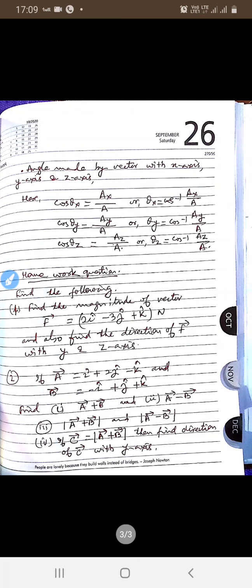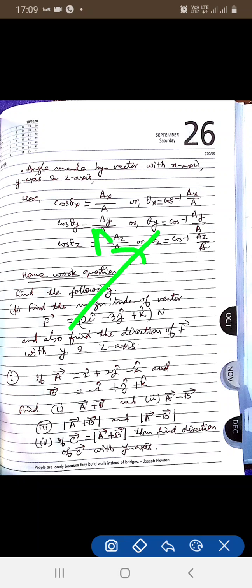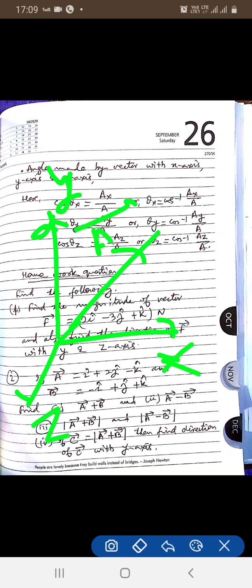Now, angle. Suppose vector A is in this direction, and here are the x, y and z directions. Vector A makes an angle, suppose, theta x with the x direction, theta y with the y direction, and theta z with the z direction.